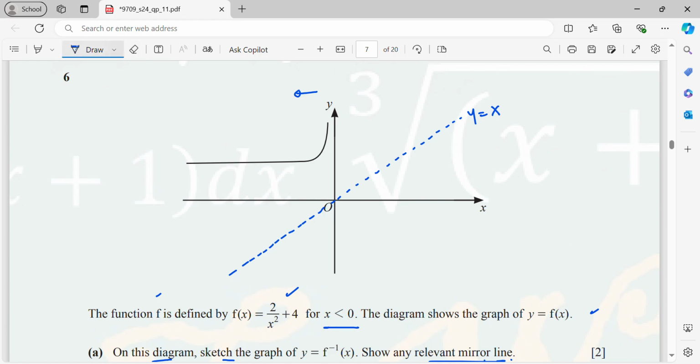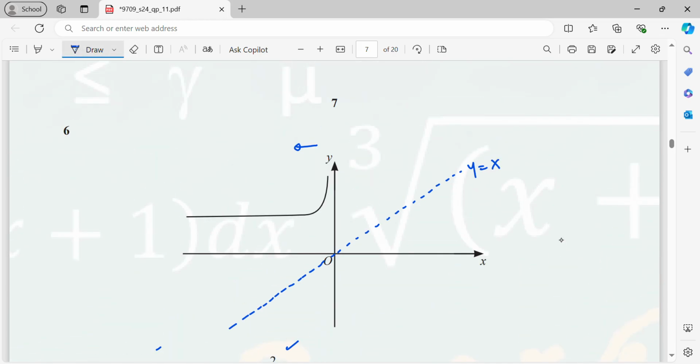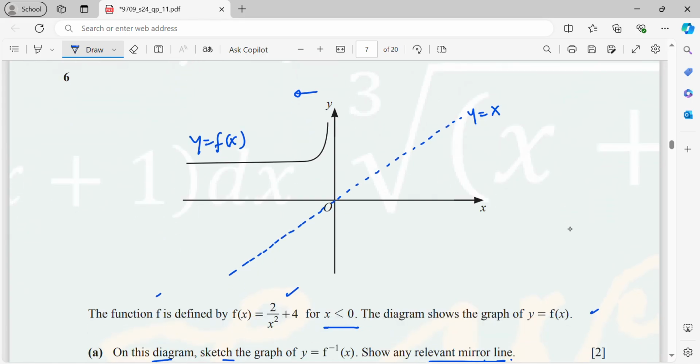Now when you look at the inverse, the original function here, this is y equals f(x). I know that my domain for f is x values, meaning x less than 0.